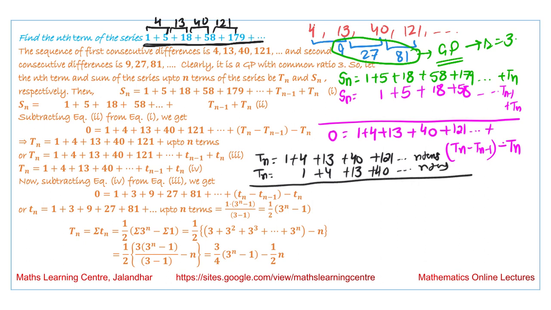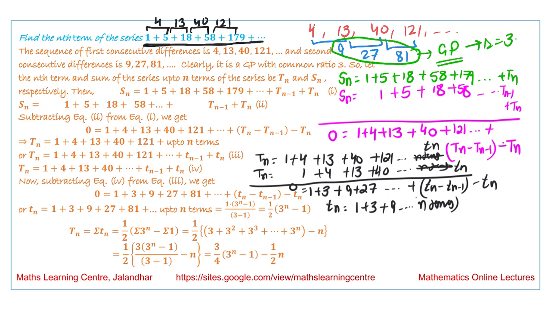Now if we subtract these two values, the nth term being Tn, on subtracting we obtain 1 plus 3 plus 9 plus 27 and so on up to Tn minus 1, minus Tn, and this value is equal to 0. So the value of Tn we obtain is 1 plus 3 plus 9 and so on up to n terms.